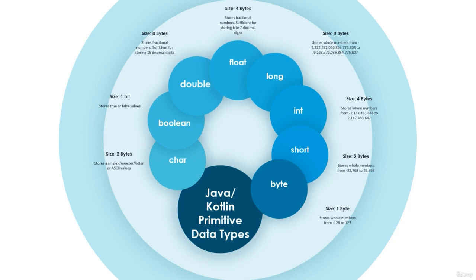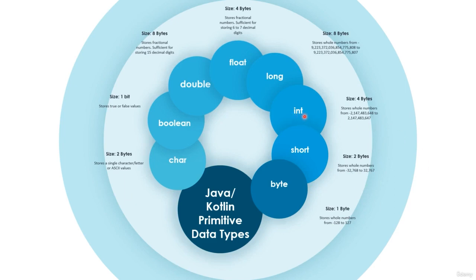Its size is 1 byte. The short data type can store whole numbers from this number to this number. I want you to write these down in your copybook and understand the difference between these types.